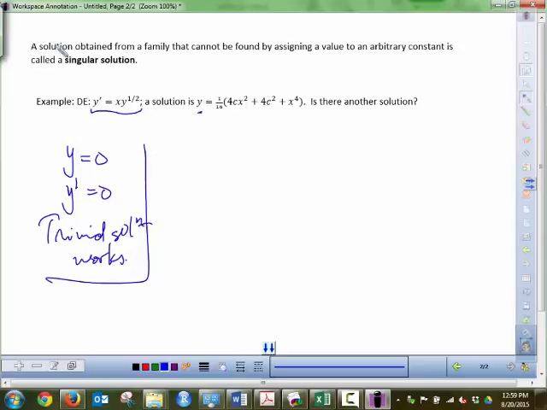Okay, so it says a solution obtained from a family that cannot be found by assigning a value to an arbitrary constant is called a singular solution. Hey, wait, what's that mean?